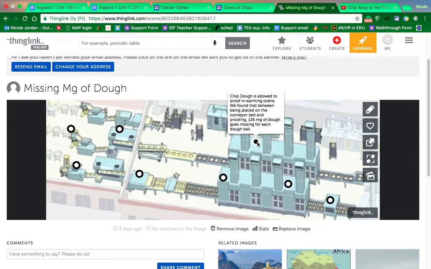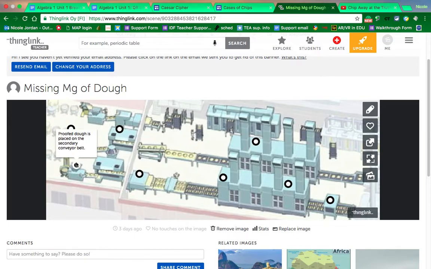On this one right here, it tells them that between being placed on the conveyor belt and proofing, 126 milligrams of dough goes missing for each dough ball. Okay, so we know 126 milligrams goes missing. You read some more information, and then this one tells us at this point 162 milligrams more are going missing.